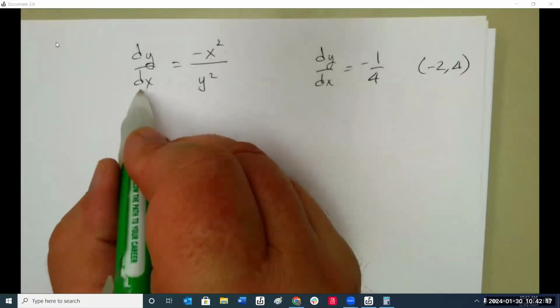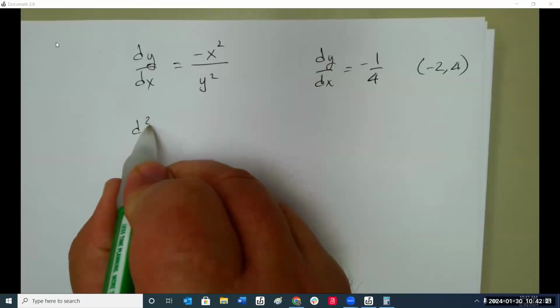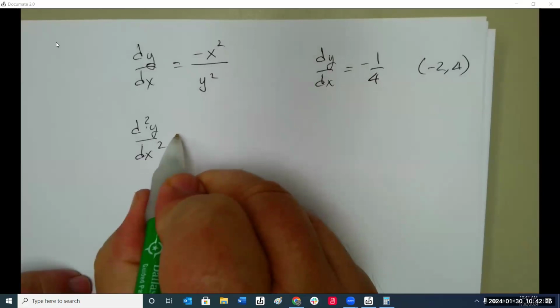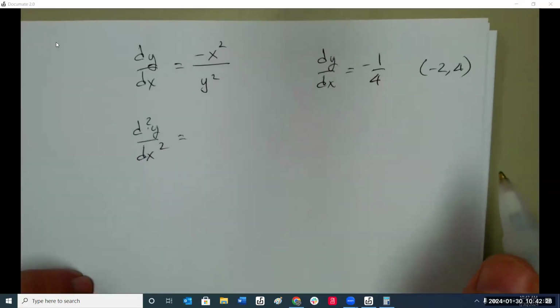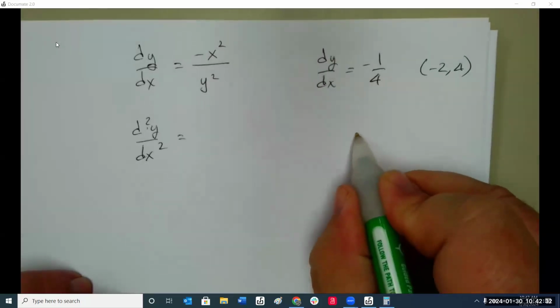So the derivative of dy/dx is d squared y dx squared. We have a quotient rule.